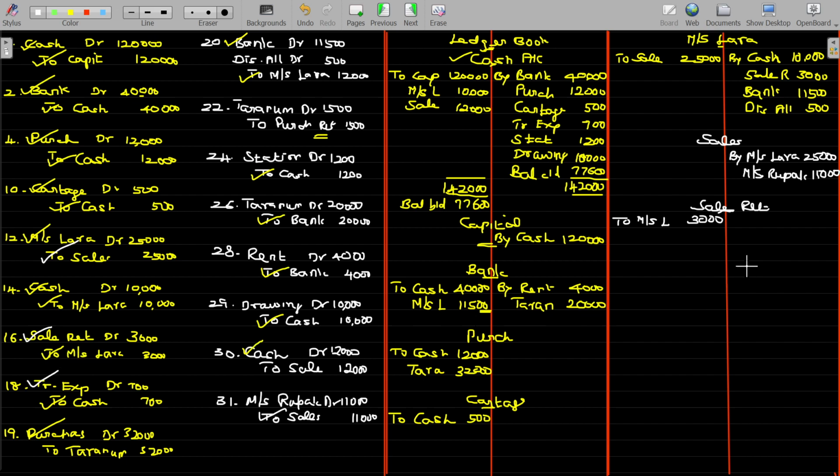And on 18th we have trade expenses, to cash. This value being 700.